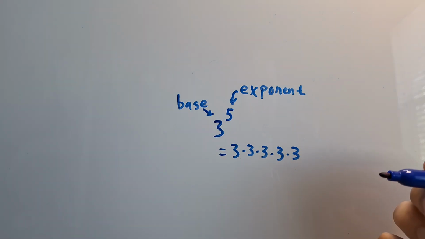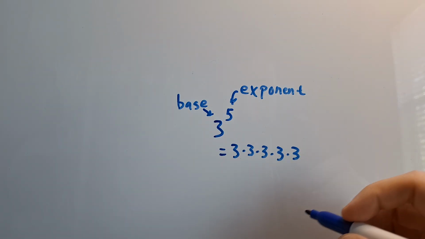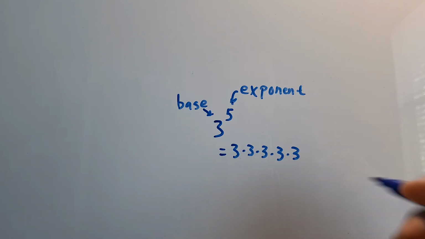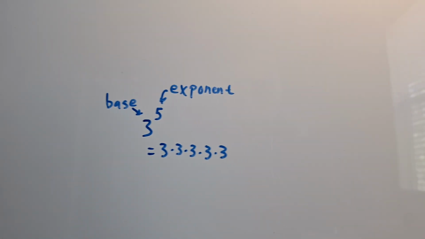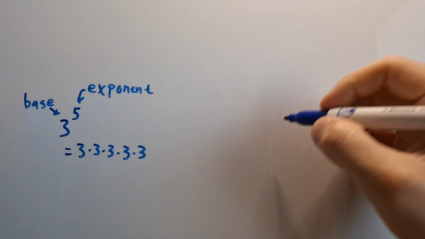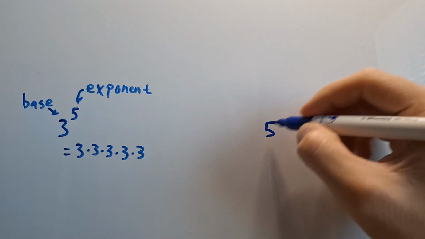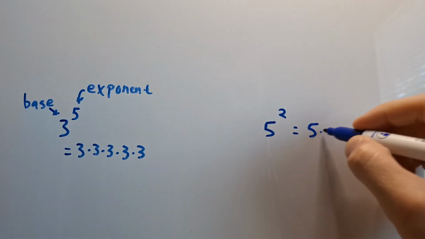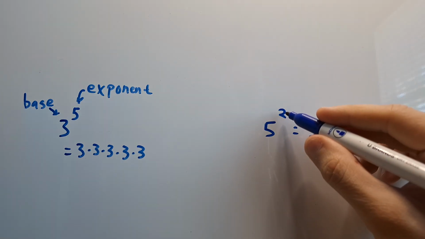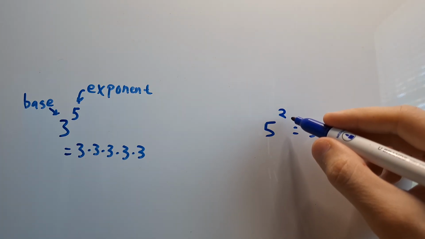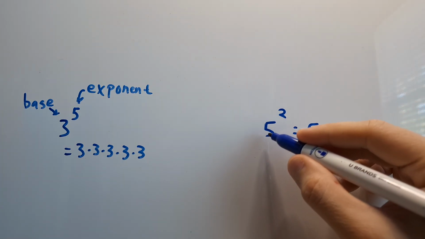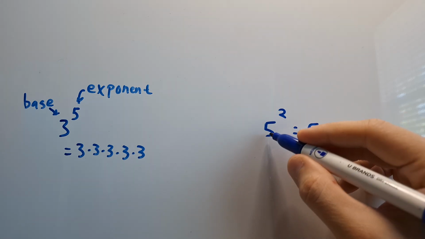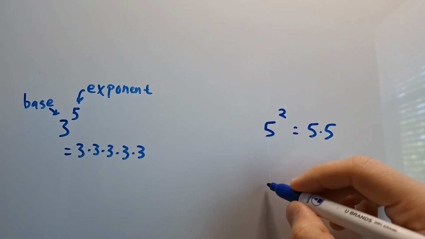Now, there are some terminology words for specific exponents, which I'll write over here. If I had 5 to the 2nd power, this is equal to 5 times 5. Anything to the 2nd power we can also refer to as that base value squared. So in this case, this would be 5 squared.